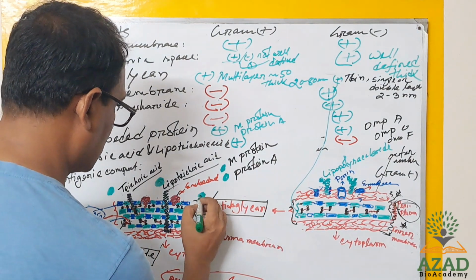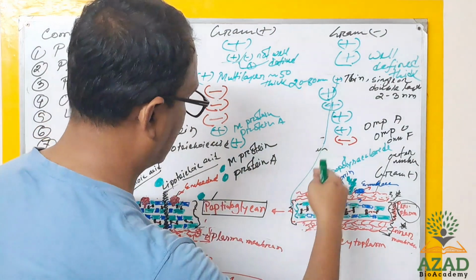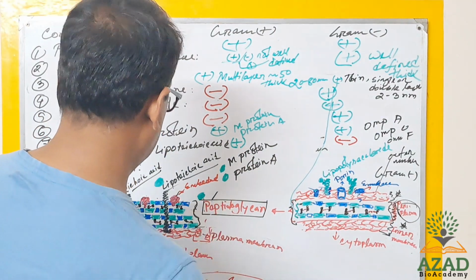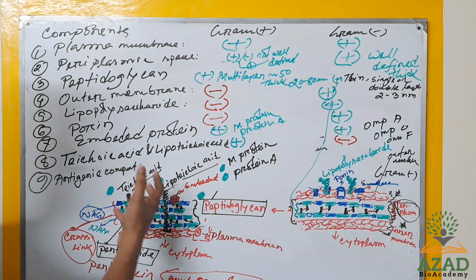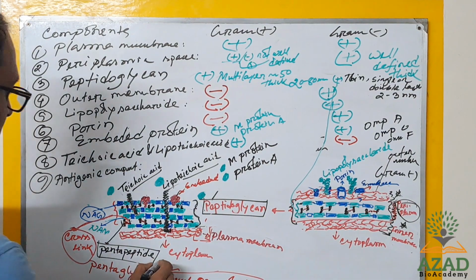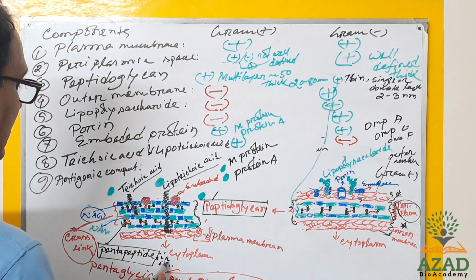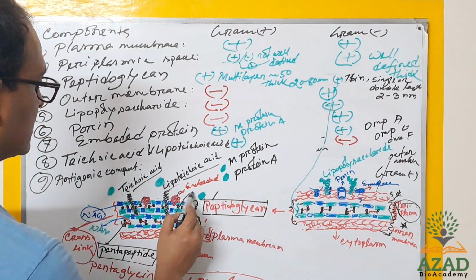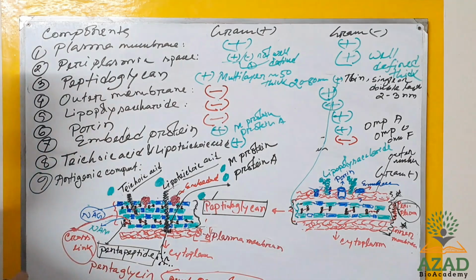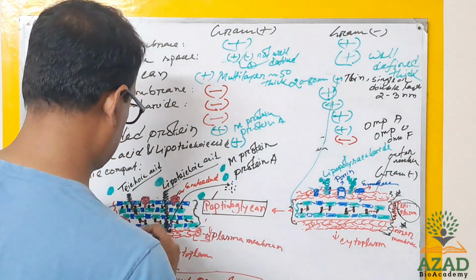Also, gram-positive bacteria create some substances that exit from inside to outside and act as antigens.